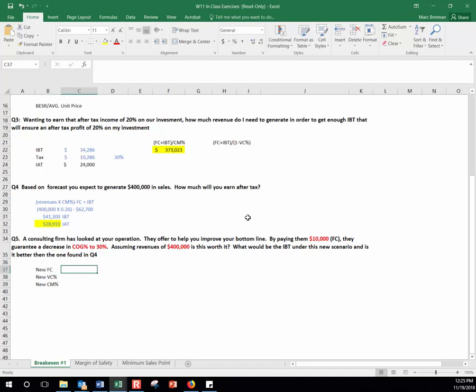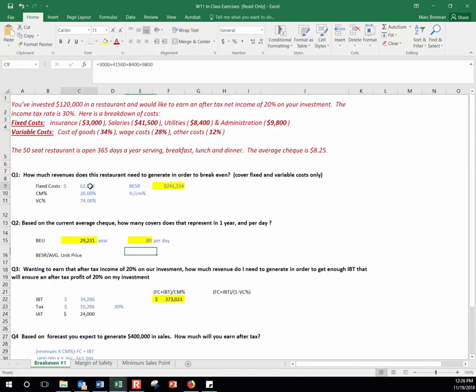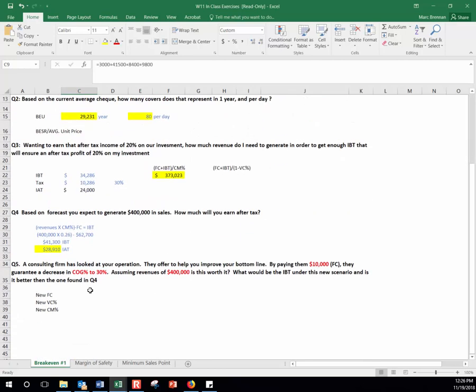So what's our new fixed costs? So paying them $10,000. So our fixed costs before were $62,700. So our new ones are going to be $62,700 plus the new fixed costs. Okay. So it's going to be $72,700 in this scenario.